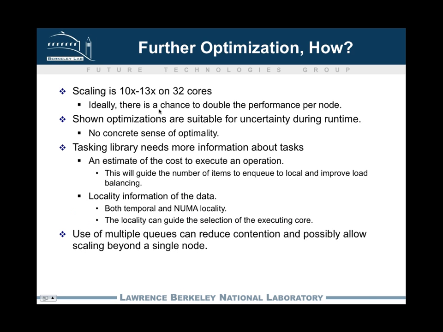I think based on the results we are observing right now, we see a moderate scaling on 32-core Carver. We see 10 to 13x improvement. If we are lucky, we can double that performance, but this will require a very radical change, because it will require more information about the tasks, about their location, about locality, and some dependency analysis between these tasks.